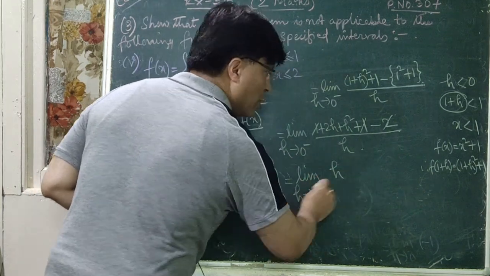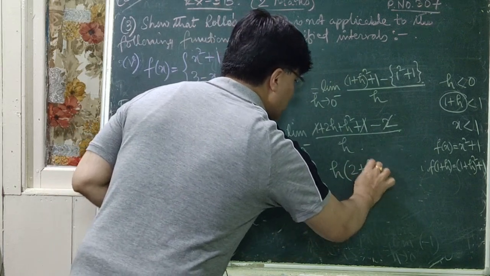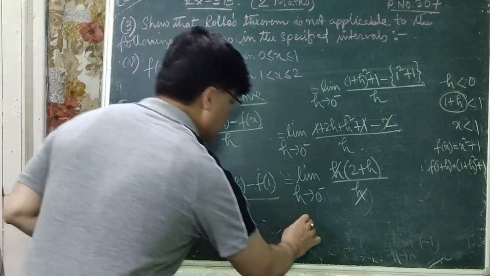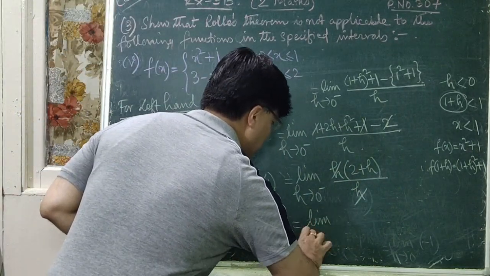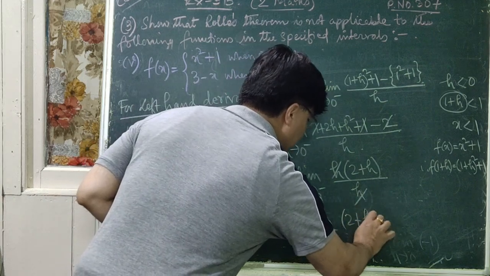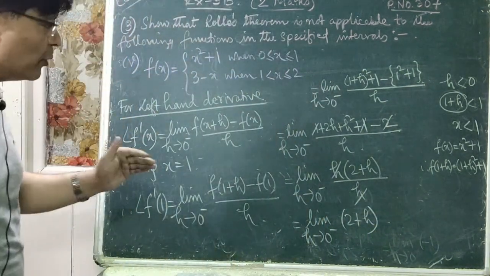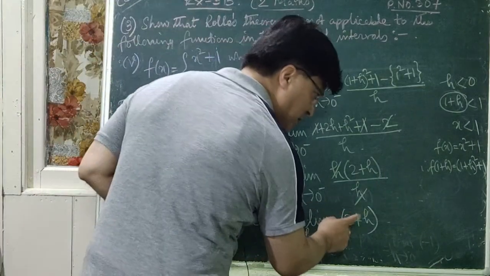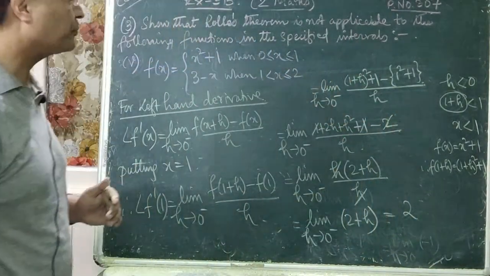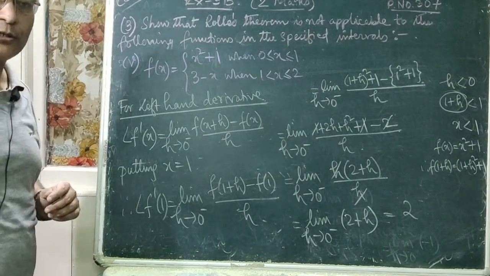So h is common here within bracket 2 plus h whole divided by h. Here h gets cancels. So it is 2 plus h, right? So if you put h is equal to 0 in this case, 2 plus 0 is equal to what? It is 2. So I think you have understood it.